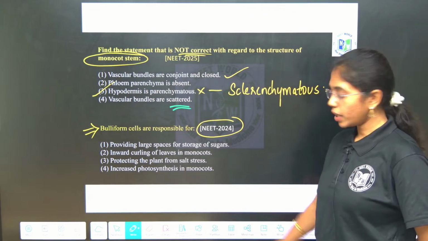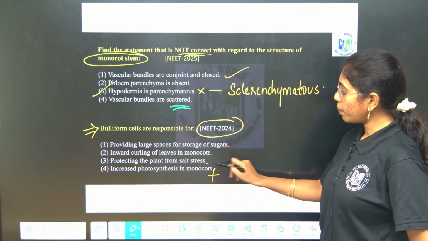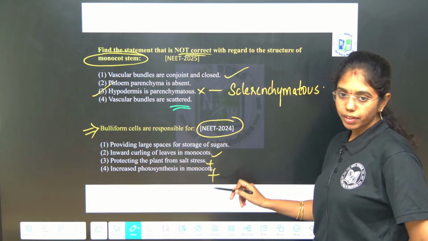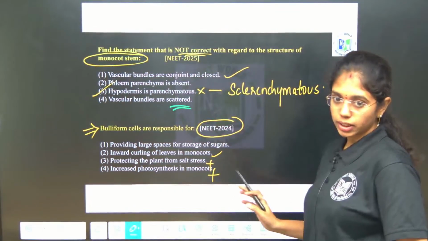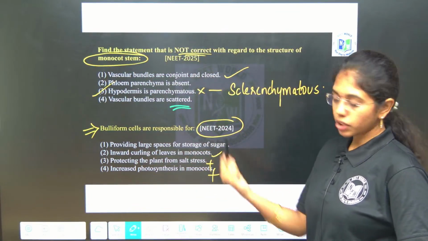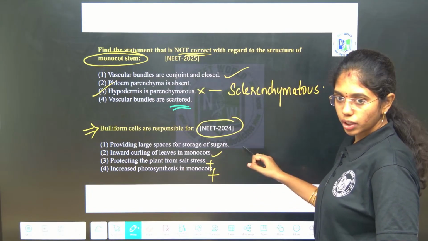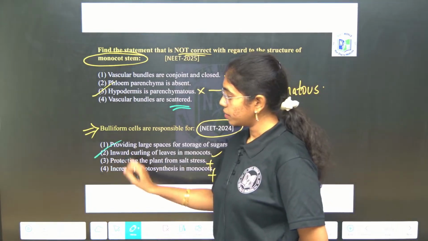There is no role of photosynthesis for bulliform cells. Protecting the plant, there is no role in salt stress. Inward curling of leaves is done when there is water stress. When there is water loss conditions, flaccid conditions, leaves curl towards inner side. Providing large spaces for storage of sugars, it has no role for that. What is the right answer?